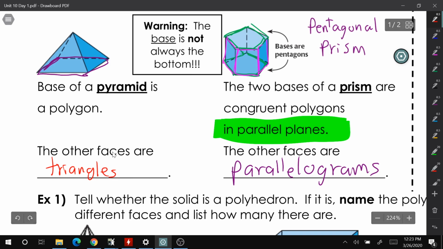So this pyramid here, we have a rectangular base, and our other faces here are triangles. So we would call this a quadrilateral pyramid.